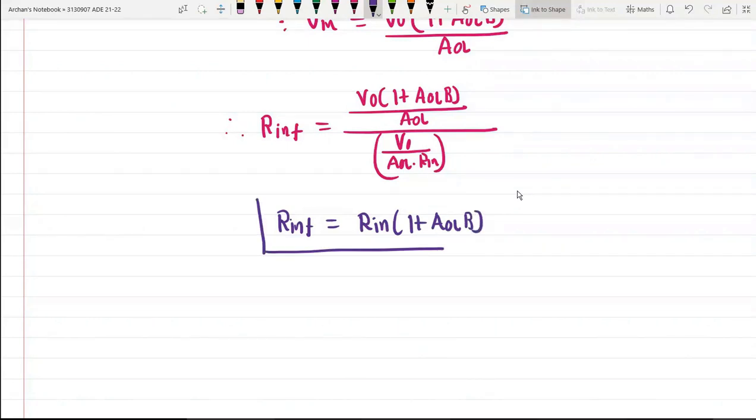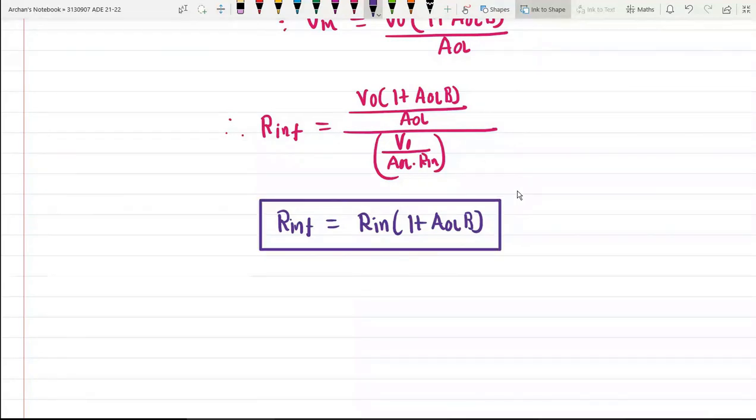This is the amount of input resistance with feedback in case of the non-inverting amplifier. You can see the input resistance with feedback is (1 plus AOL B) times that without feedback. Rin represents the resistance without feedback and R in F represents the resistance with feedback. So you can see we have improved the value of input resistance, and that is what we needed.